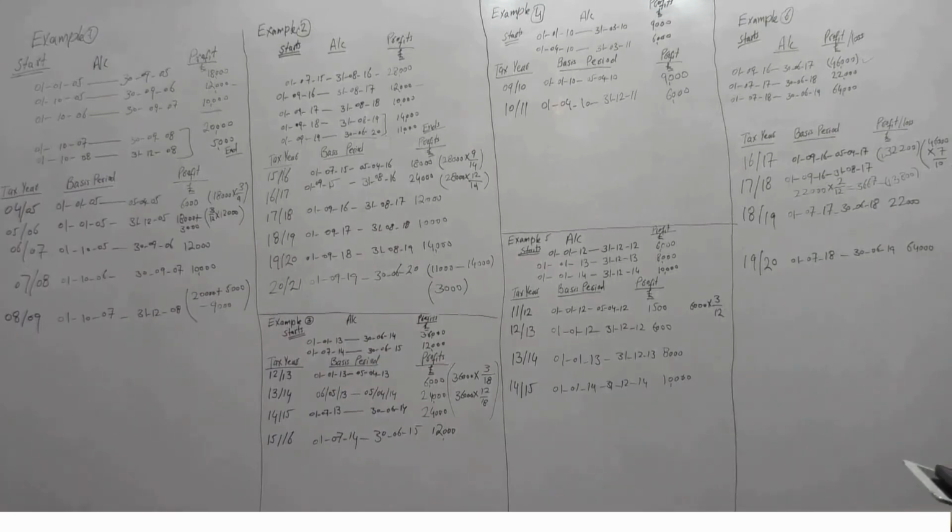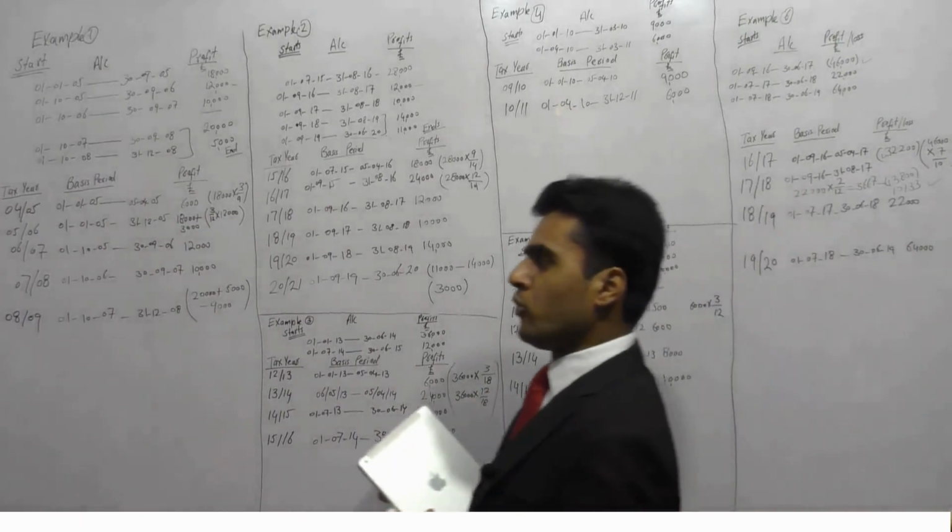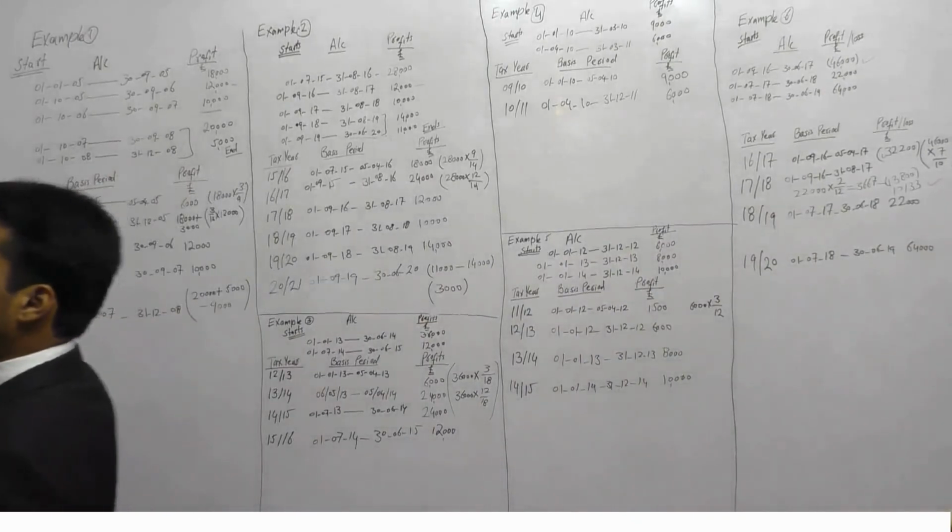So the remaining loss will be less than that. 13,800 less 3,667, the remaining amount is going to be 10,133 pounds. So that will be the amount which will be taxed in our tax year 17-18. The reason we did it like that is because under the basis period rules, losses cannot be overlapped.